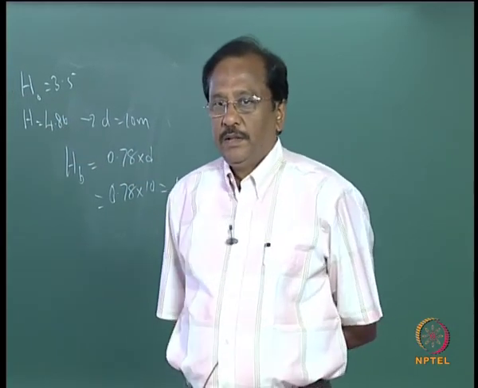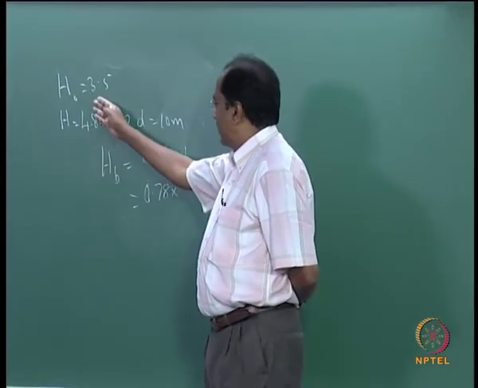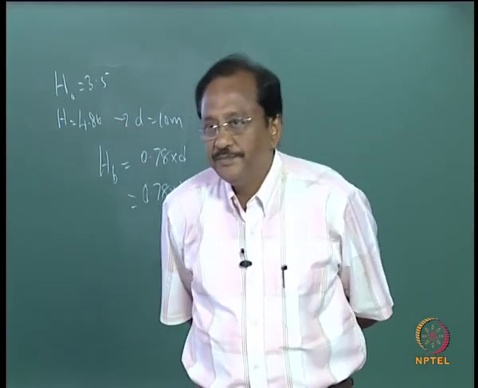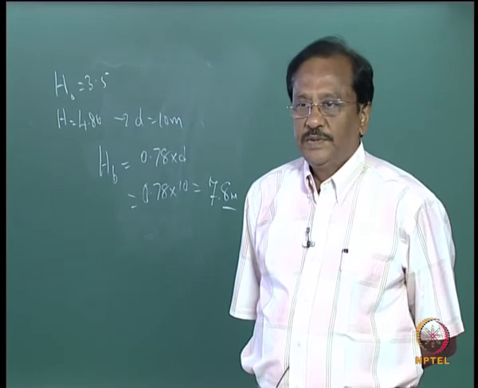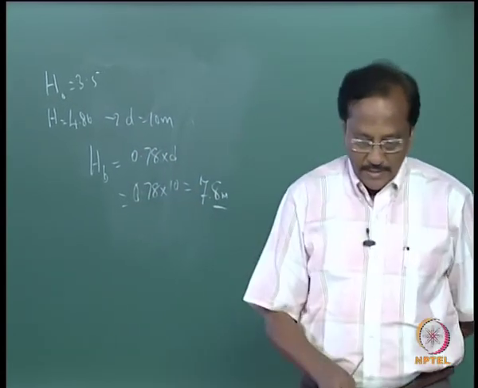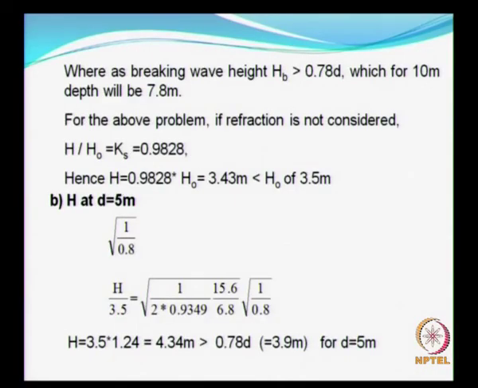Suppose by having an assumption, if you have a value much greater than this, that means this kind of situation will not occur. Is that clear? This is what I have explained here, whereas the breaking wave height HB of approximately 0.78 times water depth will be 7.8 meters.